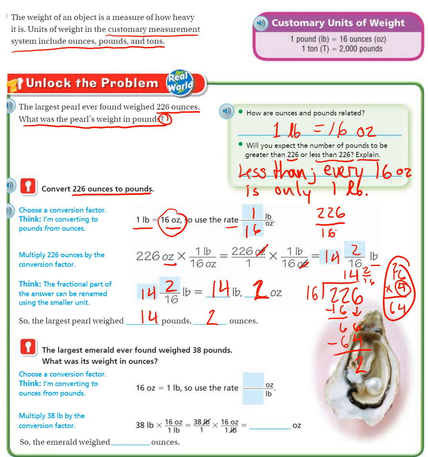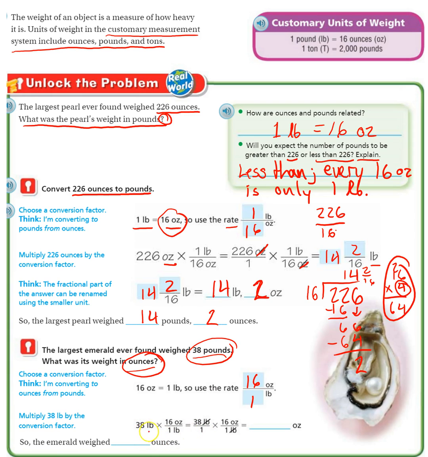All right, the next part, same idea. The world's largest emerald ever found weighed 38 pounds. What is its weight in ounces? So this time we want to get to ounces, so ounces, that's why ounces are on top this time. So 16 ounces to 1 pound. And then I just multiply. I have 38 pounds times my ratio, 16 to 1.